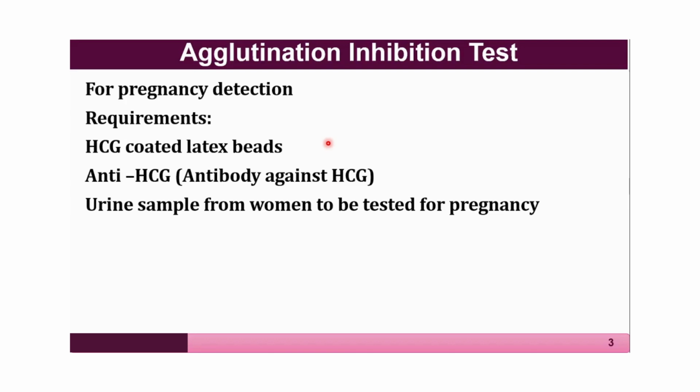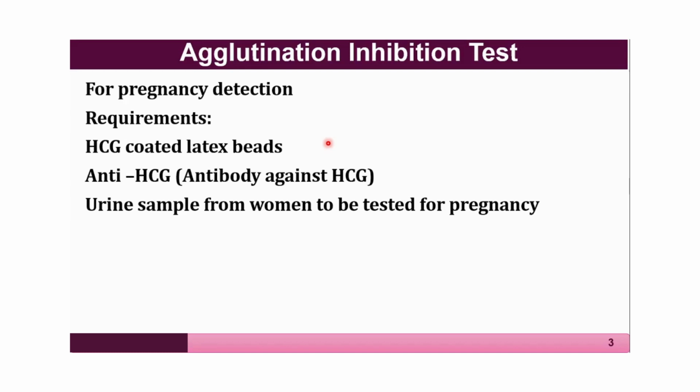It is a peptide hormone secreted by the chorion, which is one of the components of the placenta. And this hormone is secreted in pregnant women and it is excreted in the urine. It will make its presence in the urine when the woman is pregnant.